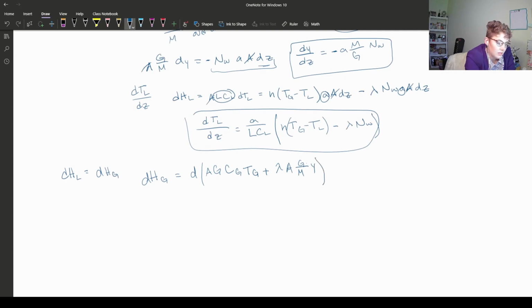And since we have this as our definition of our enthalpy of the gas, then we can also set it equal to, just like we discussed earlier, the enthalpy of the liquid, which we wrote up here. So we can rewrite that real quick. And I'm just gonna pull these out. And we can once again see that all of our cross-sectional areas will cancel out.